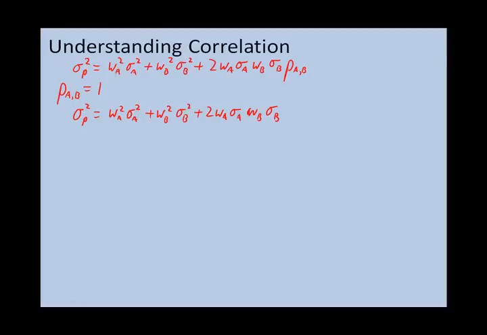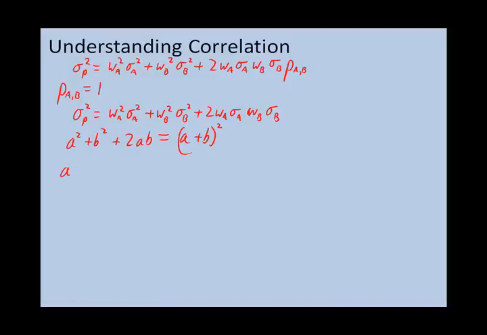Now this expression may look similar to an expression you saw in high school. A formula here, we have A squared plus B squared plus 2AB is equal to A plus B all squared. We can apply this formula to what we see above.